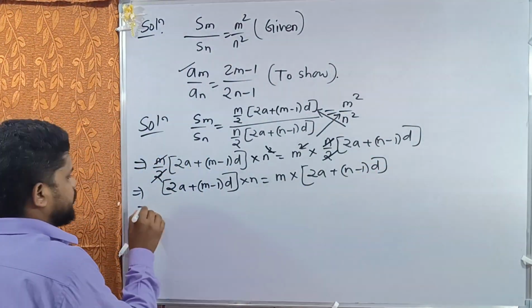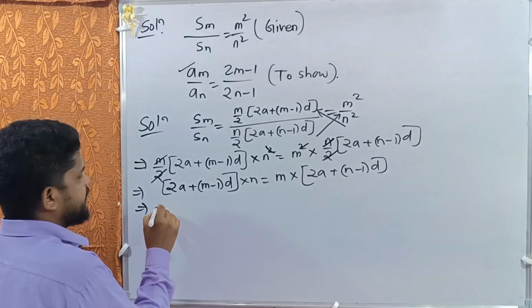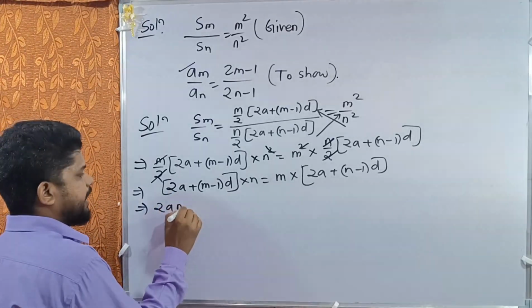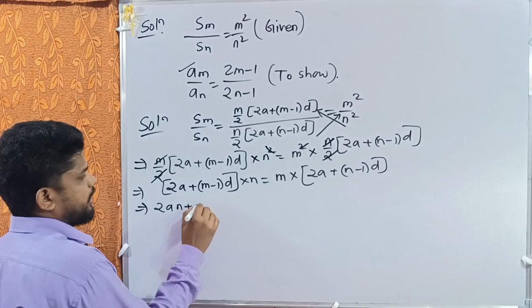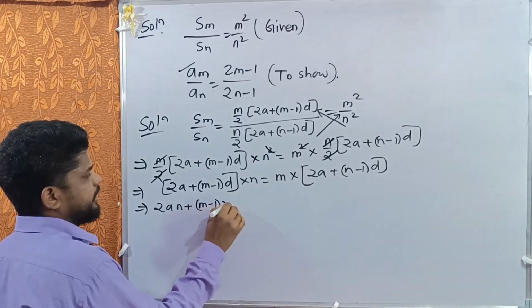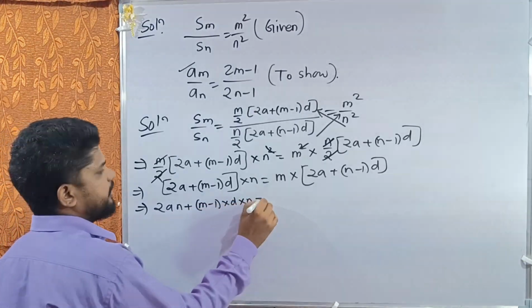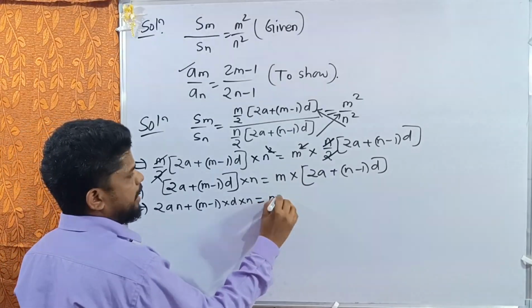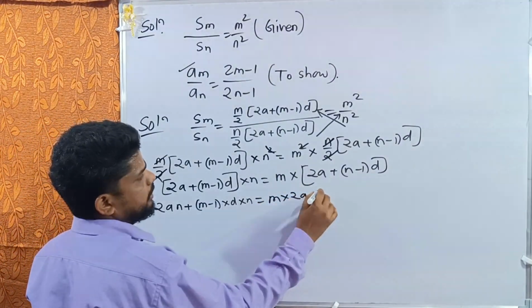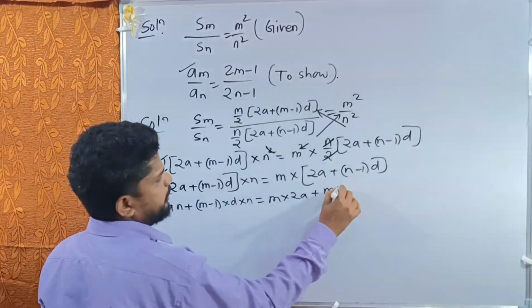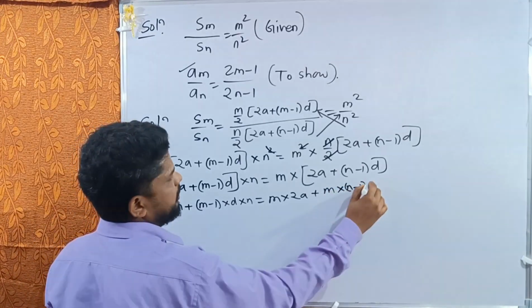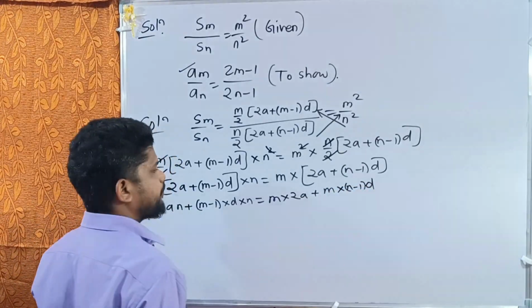Now opening the brackets, we get 2an plus (m minus 1) into d into n, and here 2am plus m into (n minus 1) into d.